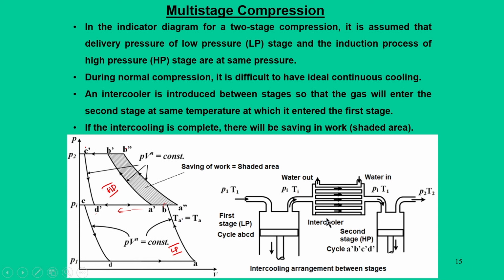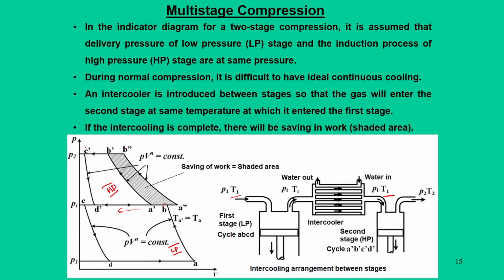So, the entire objective is that we have to bring down the temperature of the gas through an intercooling arrangement. So, what does intercooling do? We have circulating water, and this circulating water takes out heat from the gas. The intention is that with complete intercooling, whatever rise in temperature happened in the first stage is removed; the gas is now at pressure Pi, but at temperature T1.